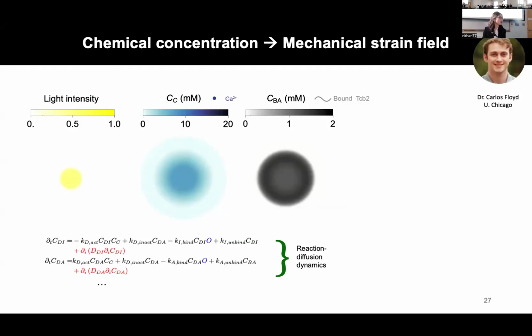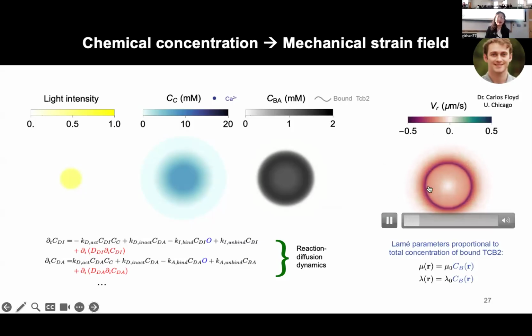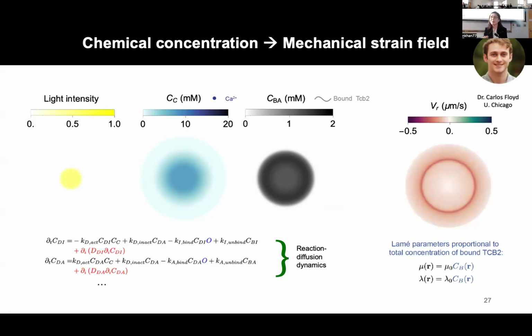You might wonder, since you already have the green fluorescent tag, why not directly use the green fluorescence to quantify the TCB2 concentration? It's really hard, and it cannot give me the concentration at each specific location in real time. One more layer: since we have the local concentration of TCB2 and we assume the Young's modulus is linearly linked to the calcium TCB2 concentration, we can get the displacement of the strain field immediately.